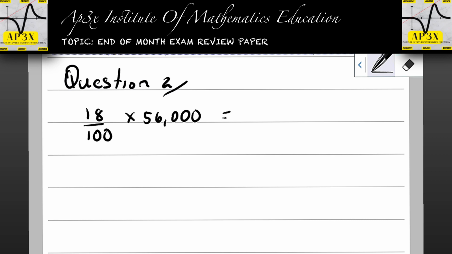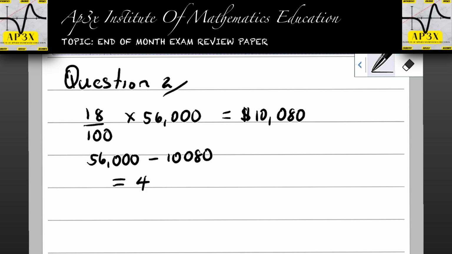$10,080. So therefore that is the amount that's going to be subtracted, so that the customer paying cash, that's what they are going to pay. So therefore this is going to be 56,000 minus $10,080, and that's equal to, I think, $45,920.